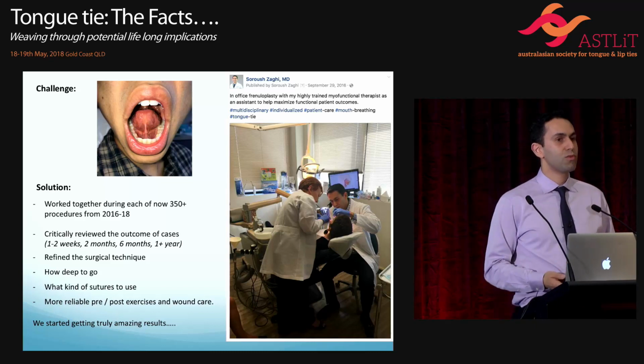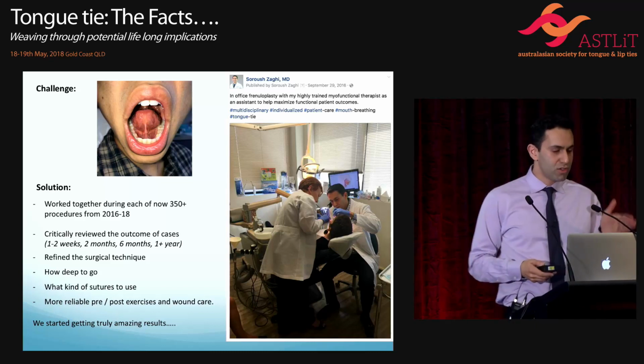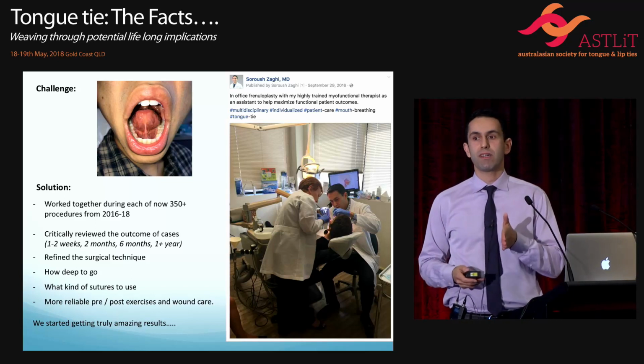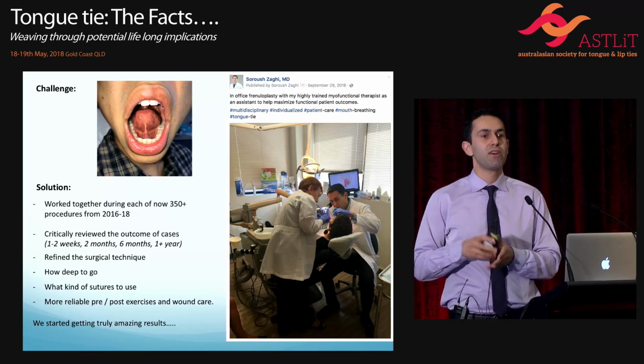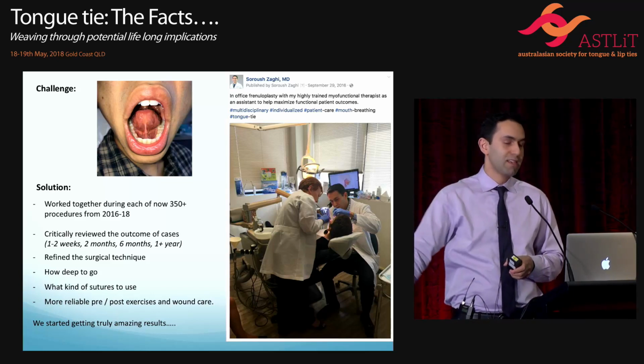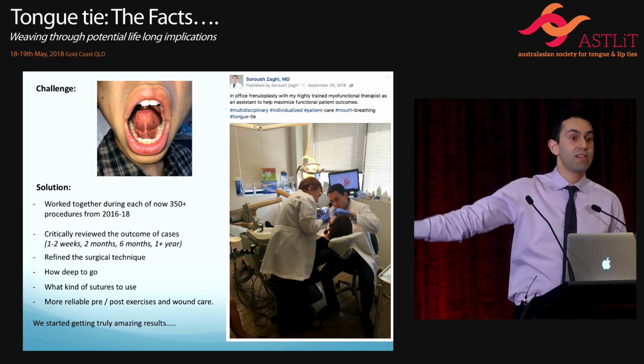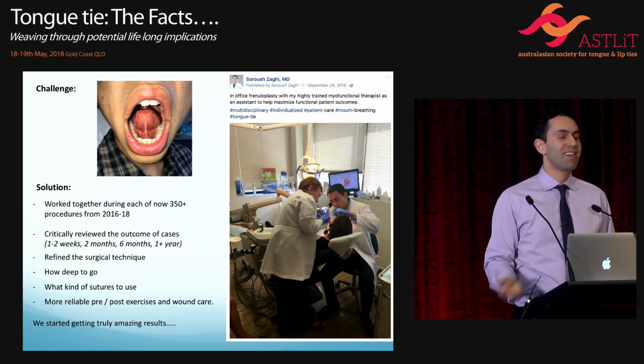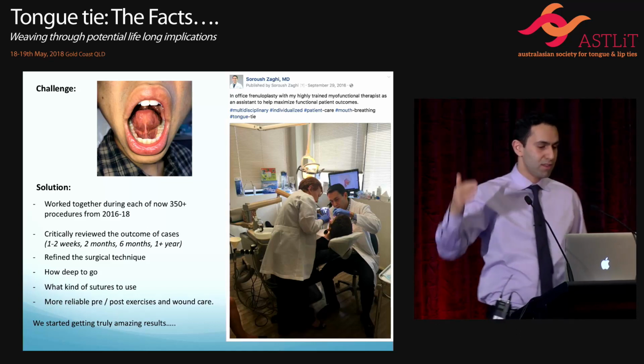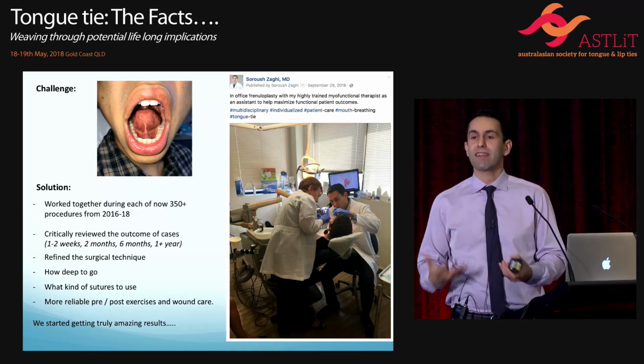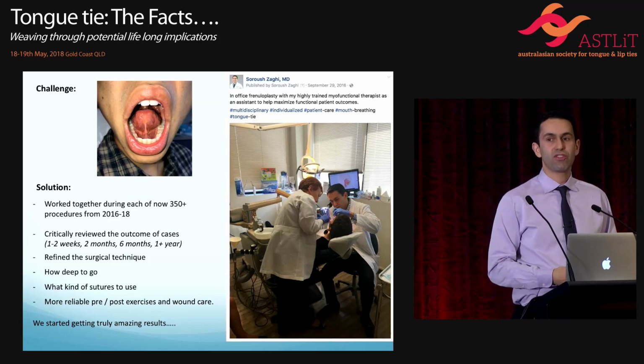And so what we do is we see the patients beforehand, 1 to 2 weeks, up until 2 months. Even if they're doing well at 2 months, we then call them for a survey at 6 months, 1 year and beyond, so we can see how these folks are doing, not only a few days after, but really in the long term. And by having that data, we've been able to refine our surgical technique.